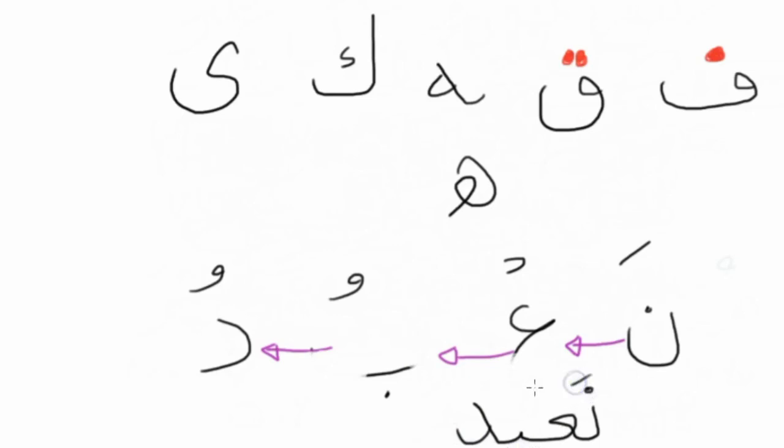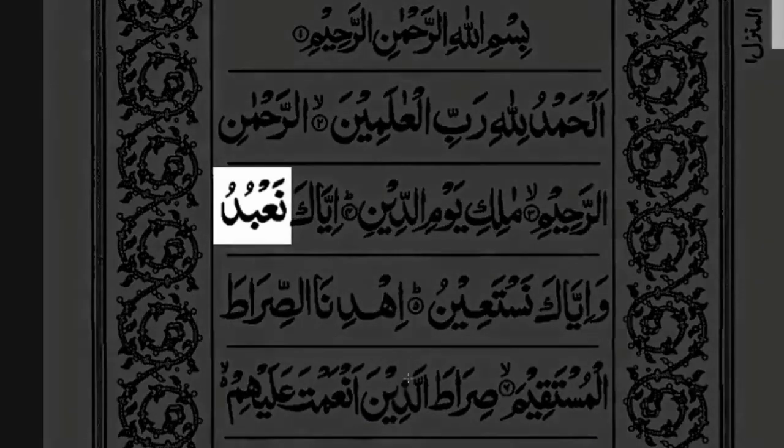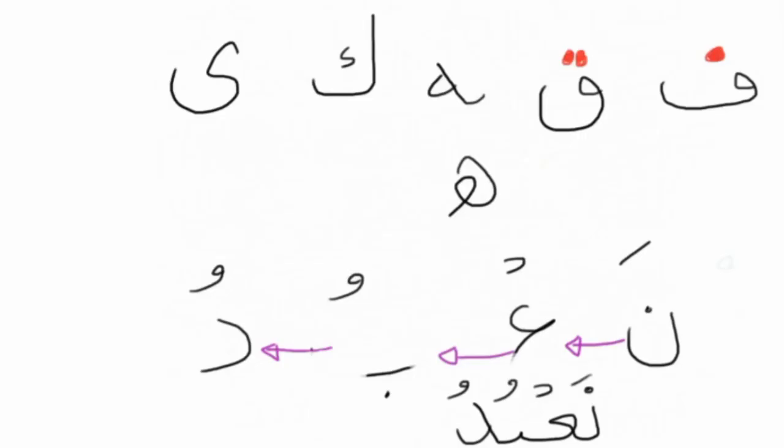You recognize the ain there. Na'budu. Now, if we actually look into the Quran as well, Surah Fatiha, we can find this word here. Na'budu. Okay, hope you understood that.